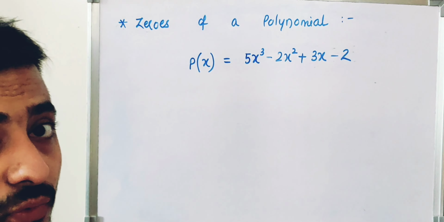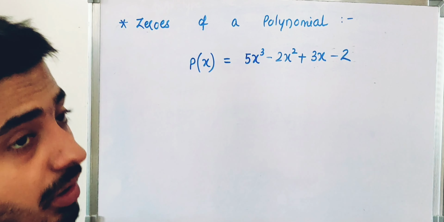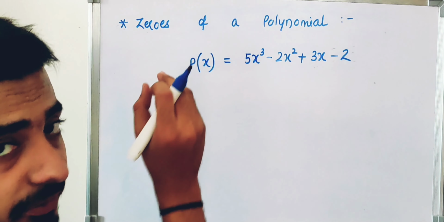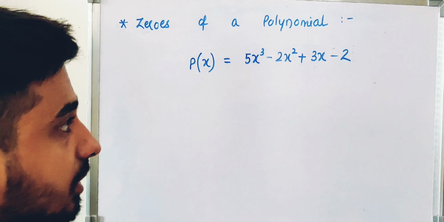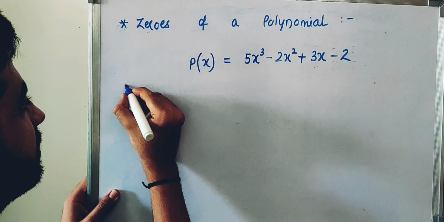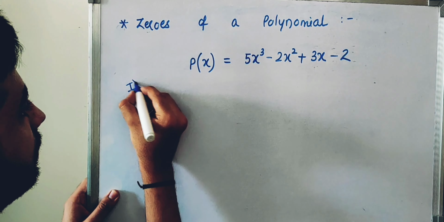Here there are two types of questions. You have to check whether the given number is a zero of the polynomial, or directly it will ask you to find the zero of a polynomial. No need to worry, we are going to discuss one by one. So what is the first type?